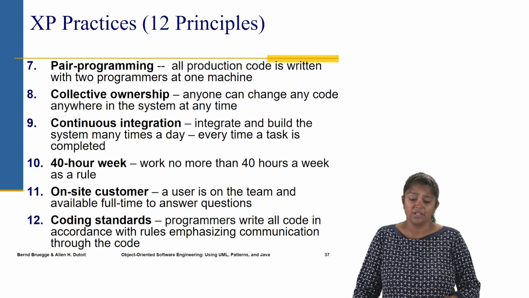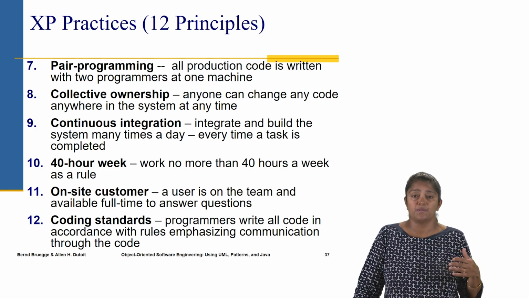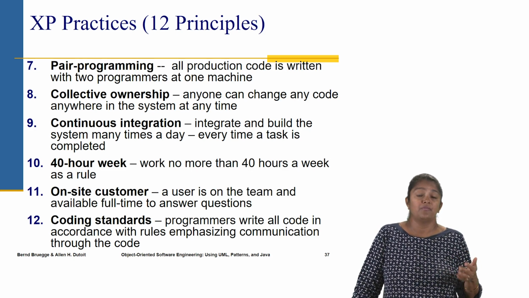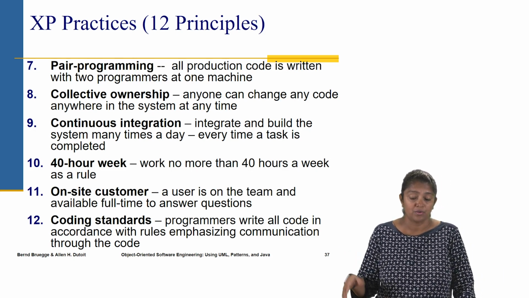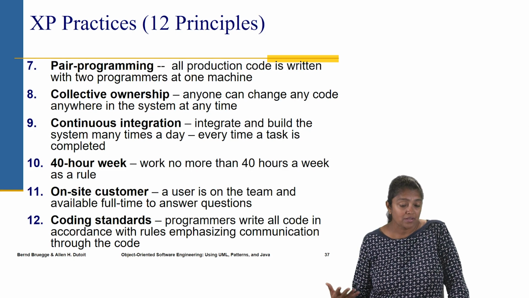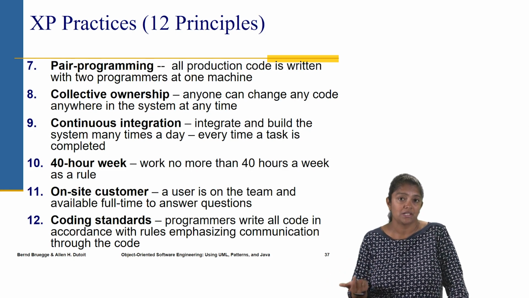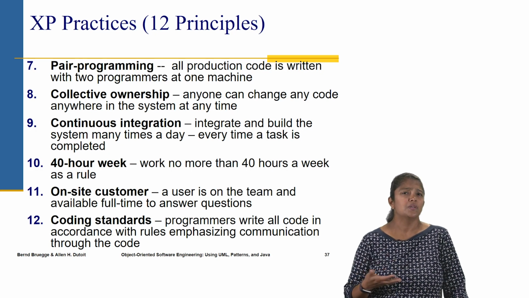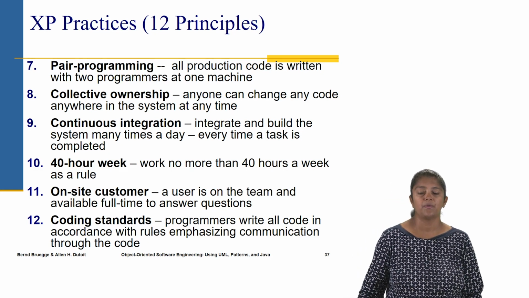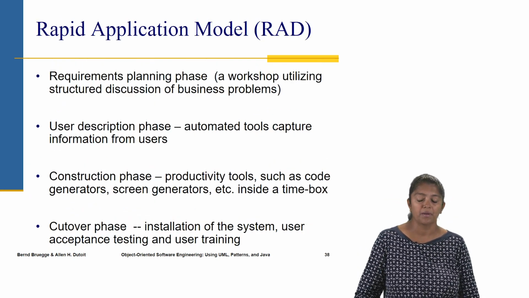On-site customers, so having someone from the customer team on site full-time to answer questions, that could be useful. Coding standards, having some kind of guidelines and making sure everyone follows those guidelines is another principle. So there are these 12 practices in extreme programming.